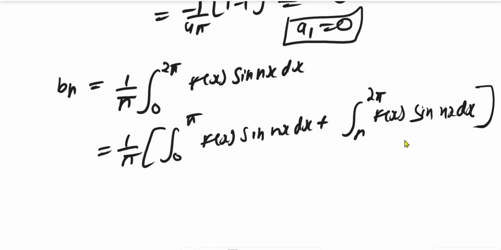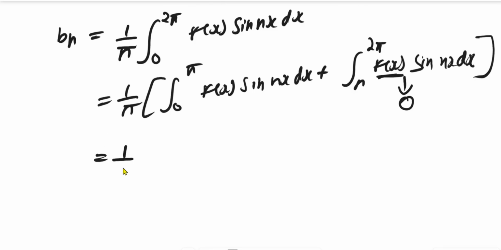Now this part will be 0, since the value of the function from pi to 2 pi is 0. So it is equal to 1 upon pi, integration 0 to pi, where the value of the function was sin x, multiplied by sin nx dx.